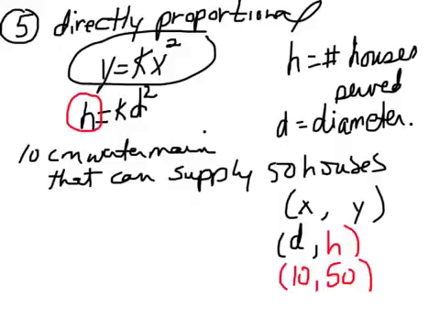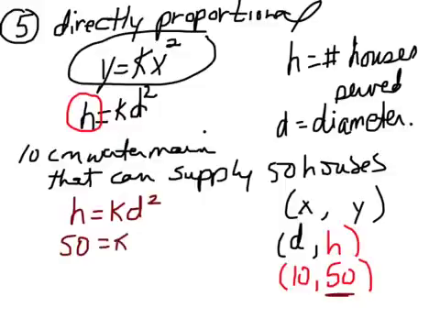Okay, so if H is equal to KD squared, let's plug it in. H was 50, thank you. And my D, I've got to square it. I'm going to plug it in, but then I've got to square it. My D was 10. Okay, so let's see. 10 squared is 100. So K times 100 would be 100K.